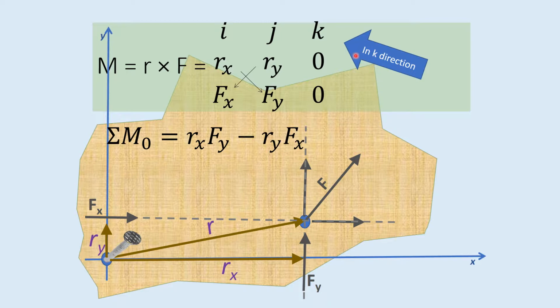We say this is going to happen in the k direction. The vector for the moment describes the axis that we're rotating around, like the vector for a force describes which direction the force is going in. In this case, we're rotating around the K axis. It's coming straight out of the board at you.